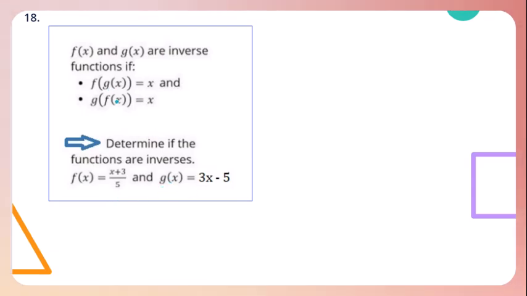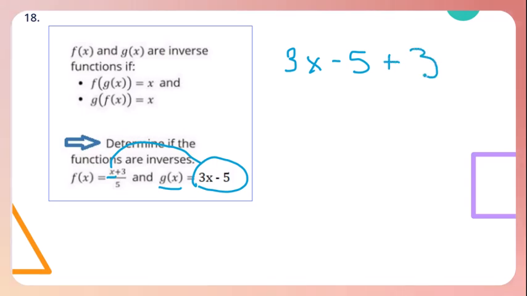So we're going to start off by taking function g, and that's 3x minus 5, and we're going to put it in here where we have an x. Wait a minute, I already made a mistake.